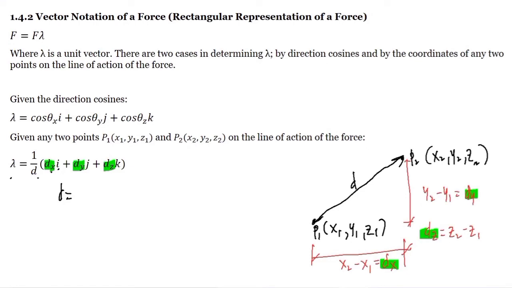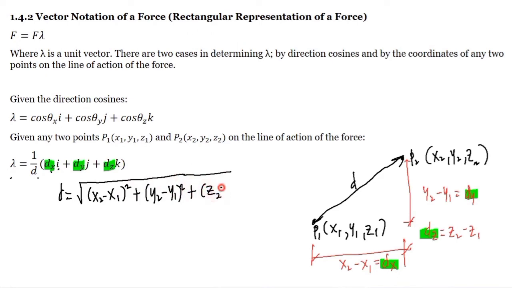If we have the vector with 2 points, the point on the tail and the point on the head, that distance is just equal to the distance formula, that is the square root of x sub 2 minus x sub 1 squared plus y sub 2 minus y sub 1 squared plus z sub 2 minus z sub 1 squared.